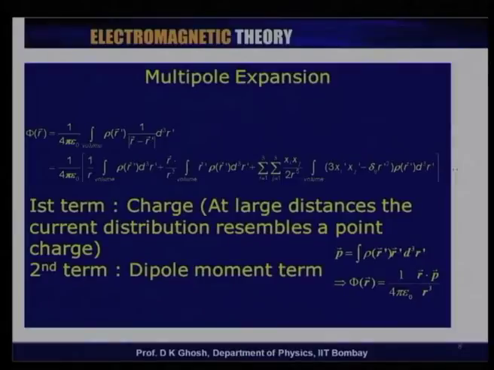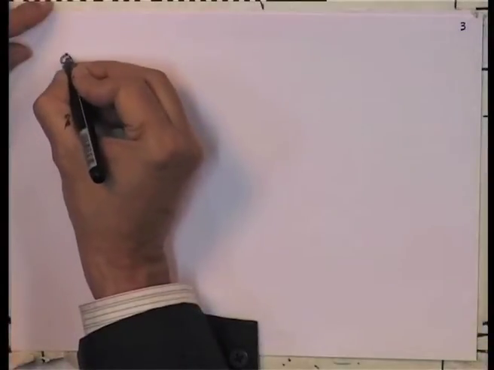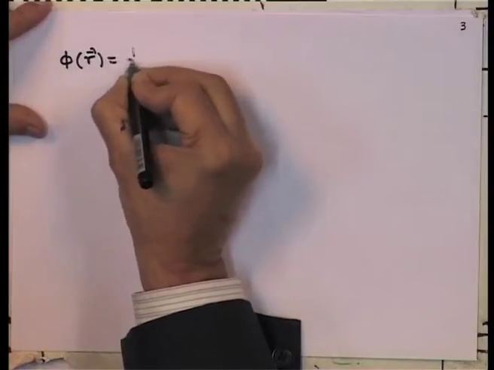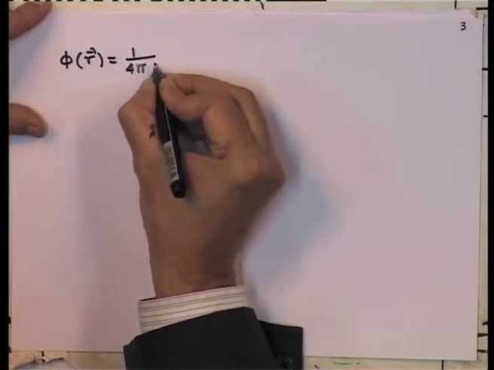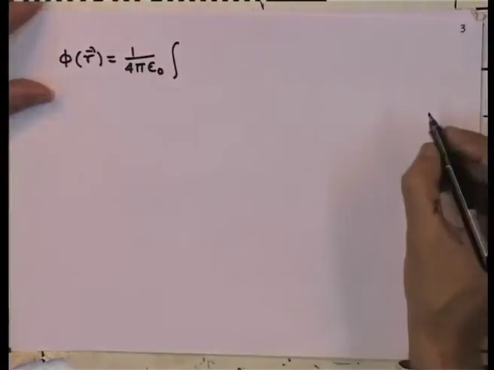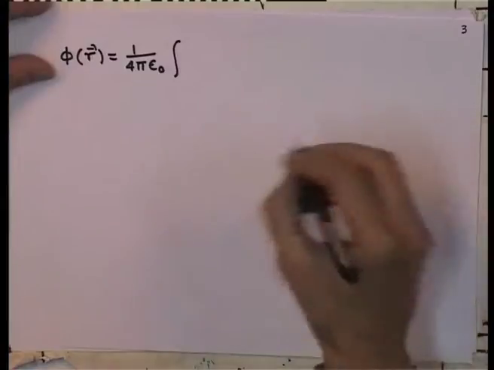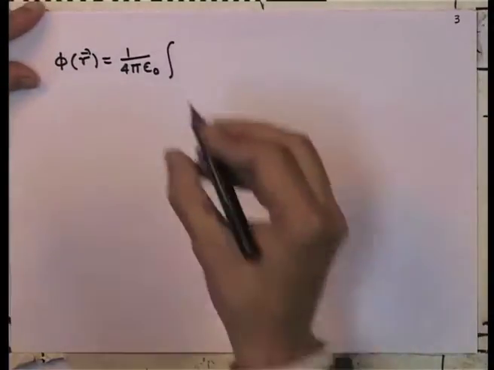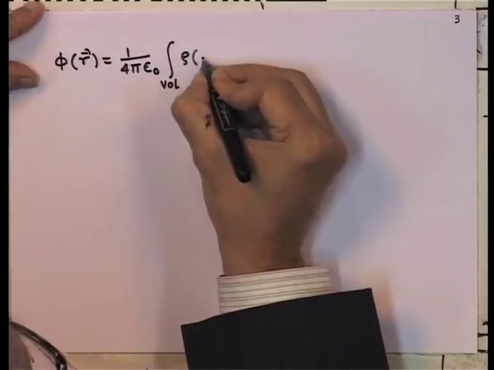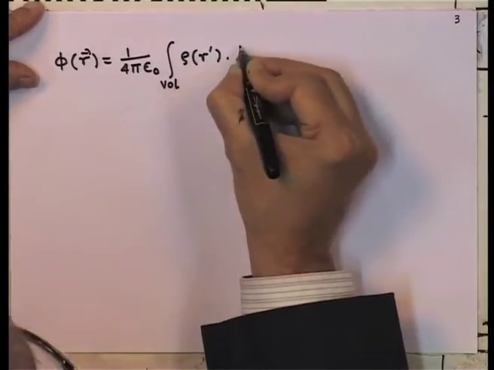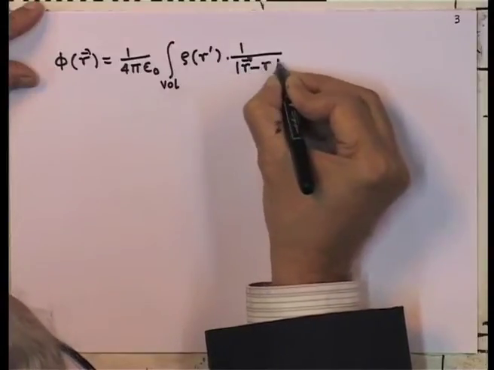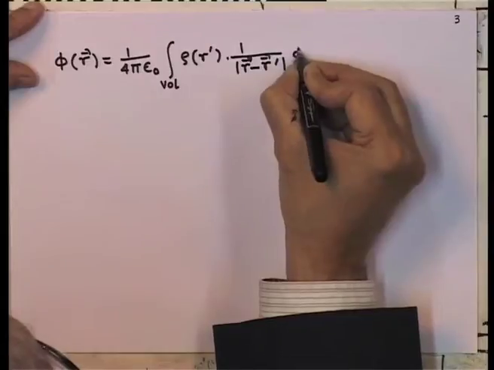Recall that the potential phi at the point r is given by 1 over 4 pi epsilon 0, integrating over the whole volume, where the integration variable is r prime. So, this is the integration over the volume of rho of r prime, 1 over |r minus r prime|, this is the Coulomb potential term, and d cube r prime.